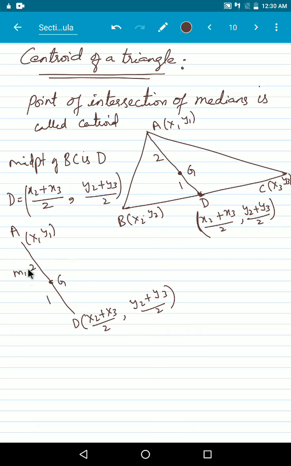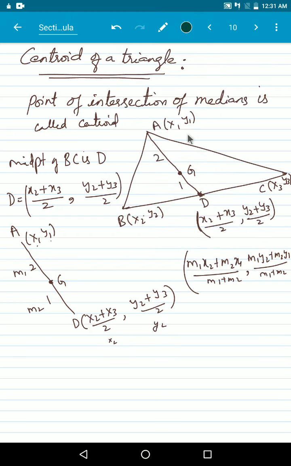That means M1 is 2, M2 is 1. Using section formula, we can find the value of G, right? Okay, what was section formula? (M1 x2 plus M2 x1) divided by (M1 plus M2), and (M1 y2 plus M2 y1) by (M1 plus M2). This was the section formula. Let us substitute these values here. See, take this as x1 y1. This one will be x2 y2 now.